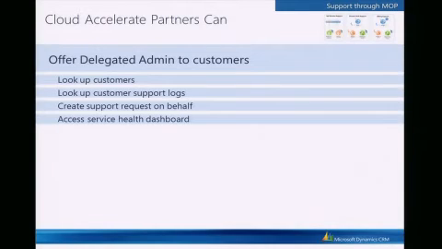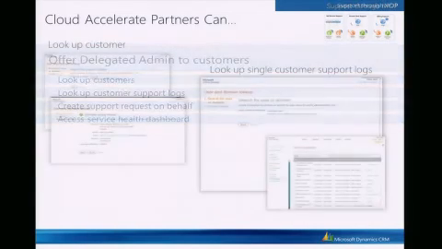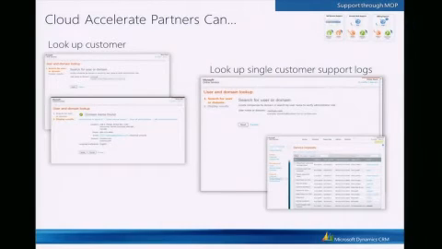As noted before, Cloud Accelerate partners have additional capabilities around the delegated administration capabilities that they have access to. They can look up customers, look up support logs for customers, create support requests on behalf of customers, and even access a service health dashboard, which is a great new feature of the online service delivery platform. For Cloud Accelerate partners, you can look up a customer, we described this earlier, and look up their support logs.